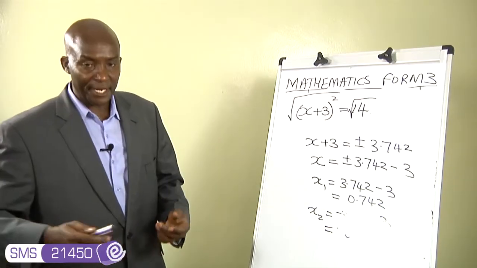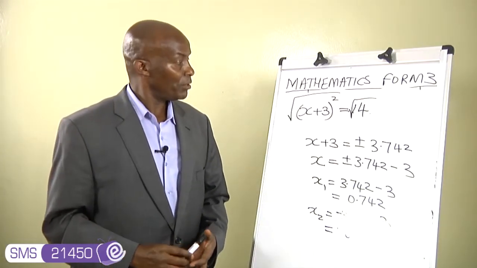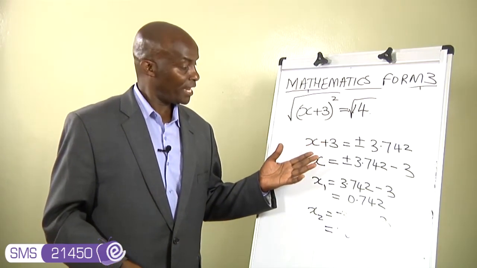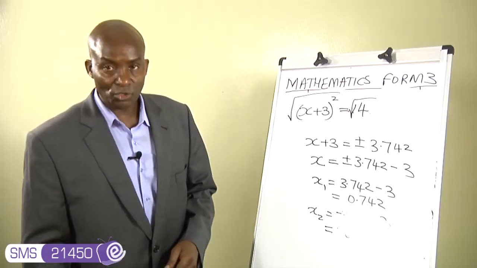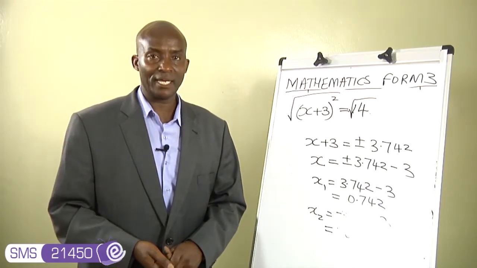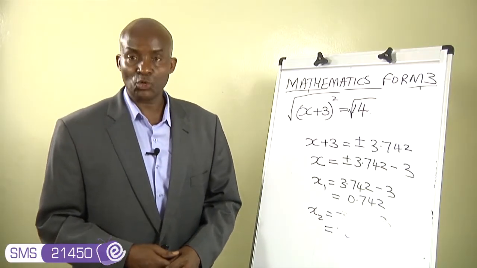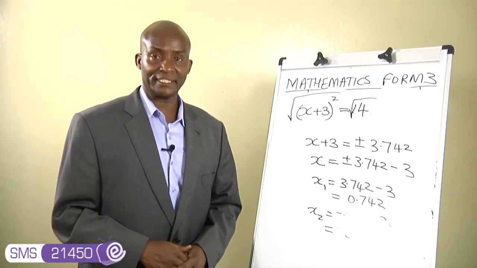Now, in our next lesson, I'll give you more examples, more questions relating to this, and also the use of the quadratic formula, plus the product and sum method that we have learned.